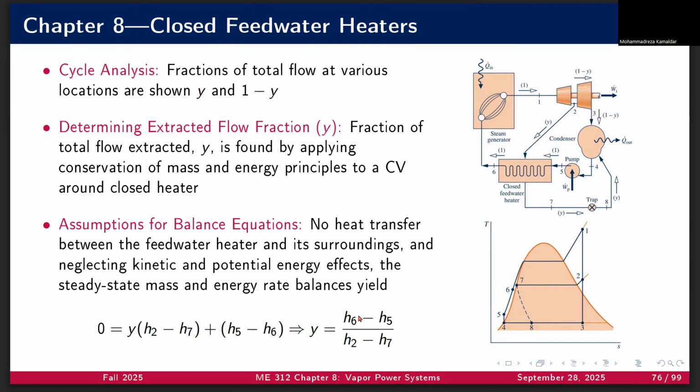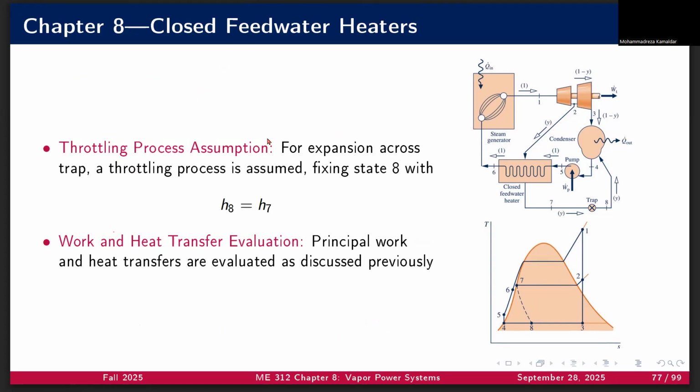The numerator H6 minus H5 represents the heat gained per unit mass of feed water, and the denominator H2 minus H7 represents the heat lost per unit mass of extracted steam. We had a similar relationship for the case of the open feed water heater.